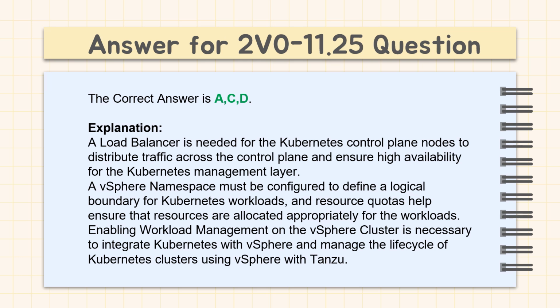A vSphere namespace must be configured to define a logical boundary for Kubernetes workloads, and resource quotas help ensure that resources are allocated appropriately for the workloads. Enabling workload management on the vSphere cluster is necessary to integrate Kubernetes with vSphere and manage the lifecycle of Kubernetes clusters using vSphere with Tanzu.